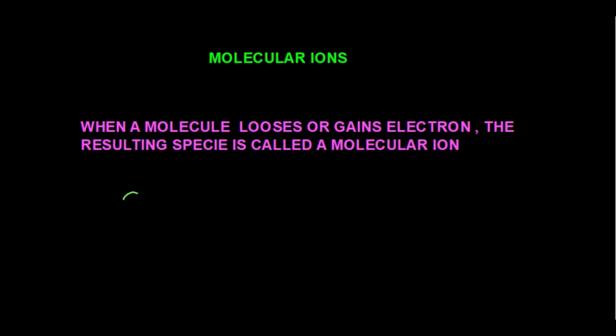We will see some important examples of cationic molecular ions. For example, we have the methane ion, CH4+, which has a positive charge. Similarly, the helium ion He+, as well as the nitrogen ion, which has a positive charge.